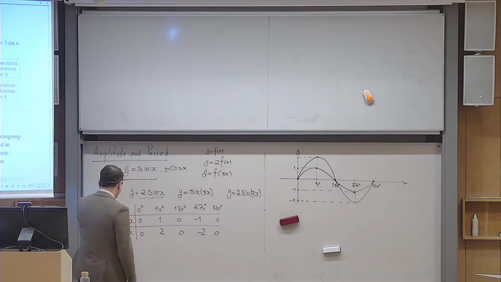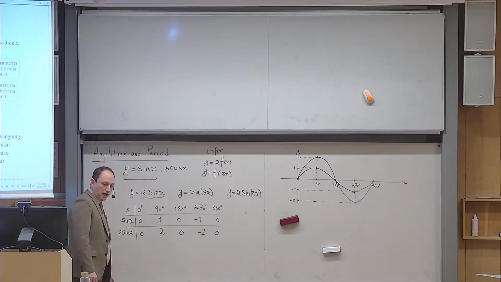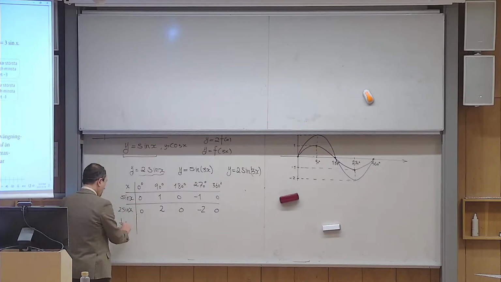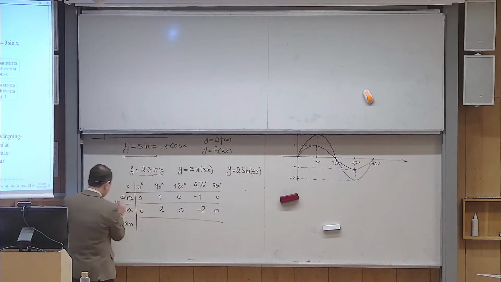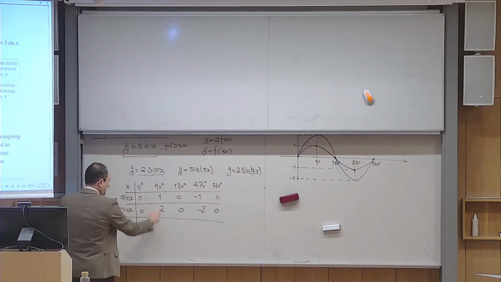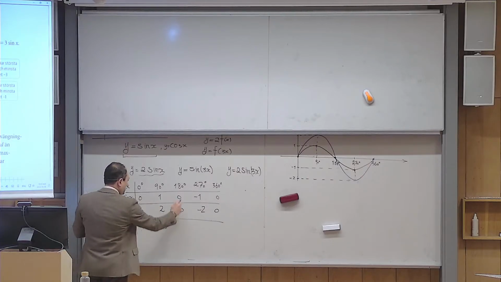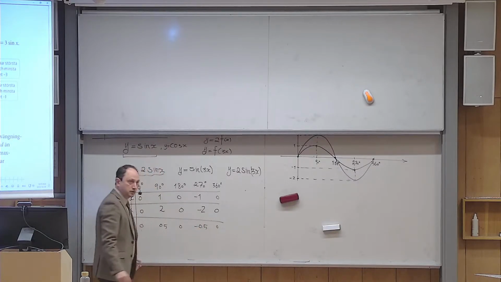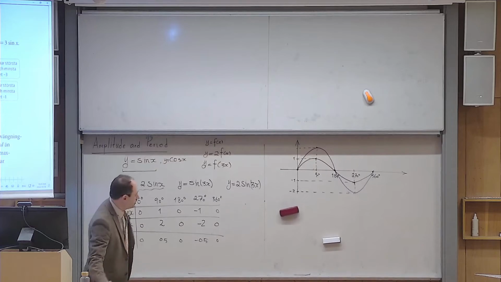What happens if I multiply it by 1/2 and have this function, 1/2 sine x? Then I have to compare it with these two rows. Be careful. I multiply this by 1/2, I multiply this by 1/2, I multiply this by 1/2, 1/2 and 1/2. And then what I get is another curve.